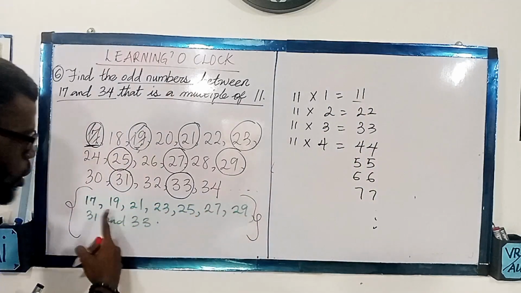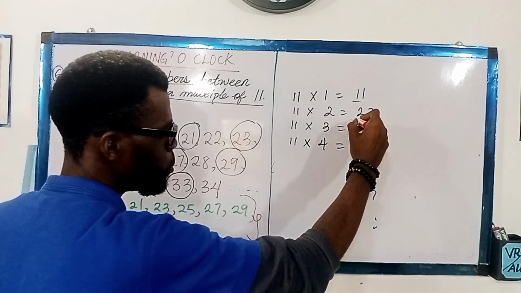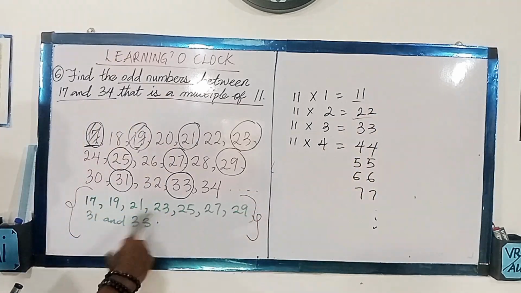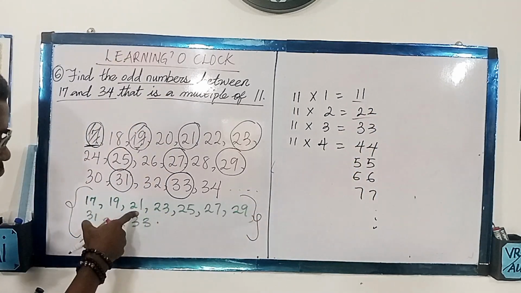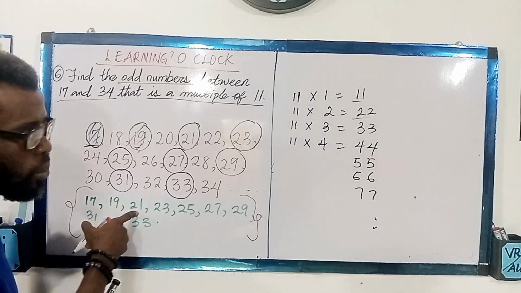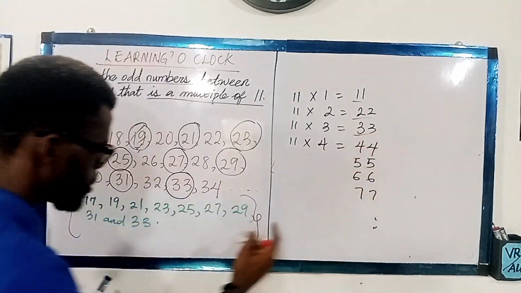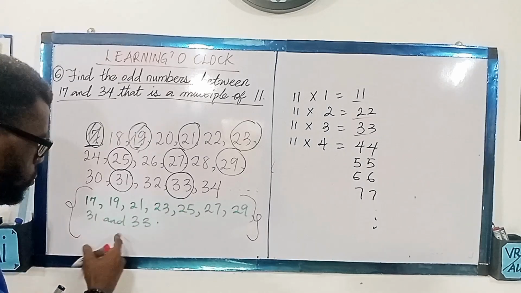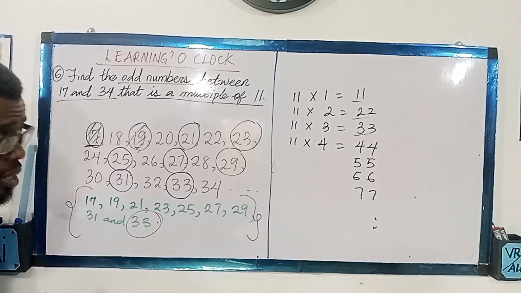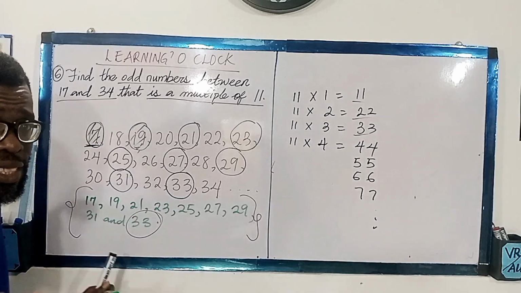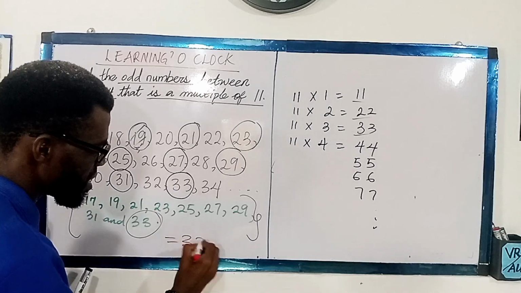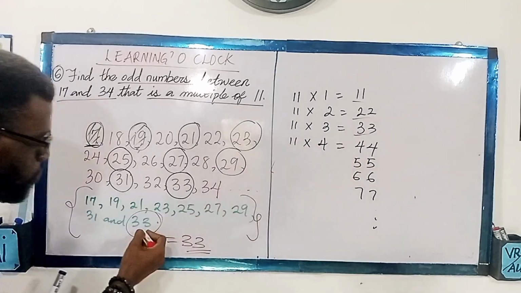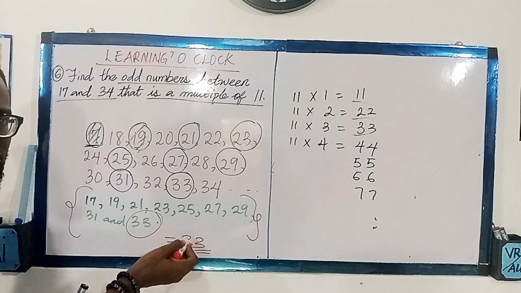Is 11 here? No. 22? We have something close, no. Do we have 33 here? Boom, we got it. 33, because there are no more here. 44 is beyond it; 33 is the highest we got.